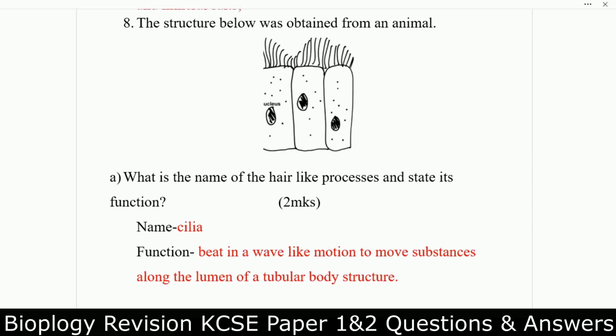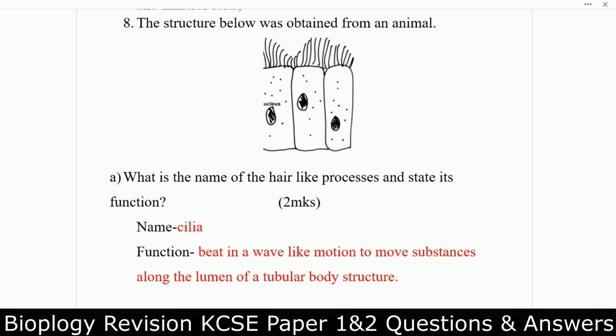You are told, what is the name of the hair-like processes, and state its function. Hair-like, you can see the hair-like structure there. What is the name of that one? That one is cilia. B, you are told the function of cilia is to beat in a wave-like motion.